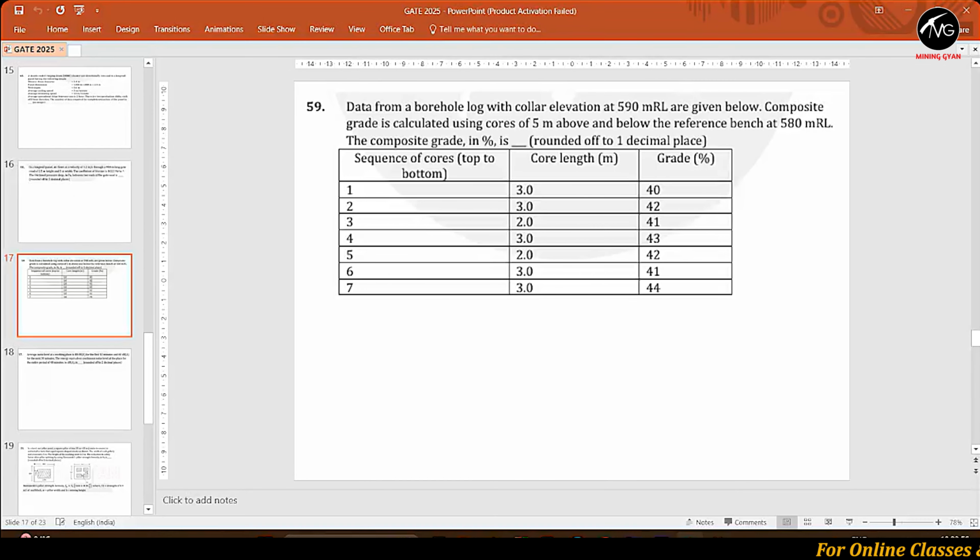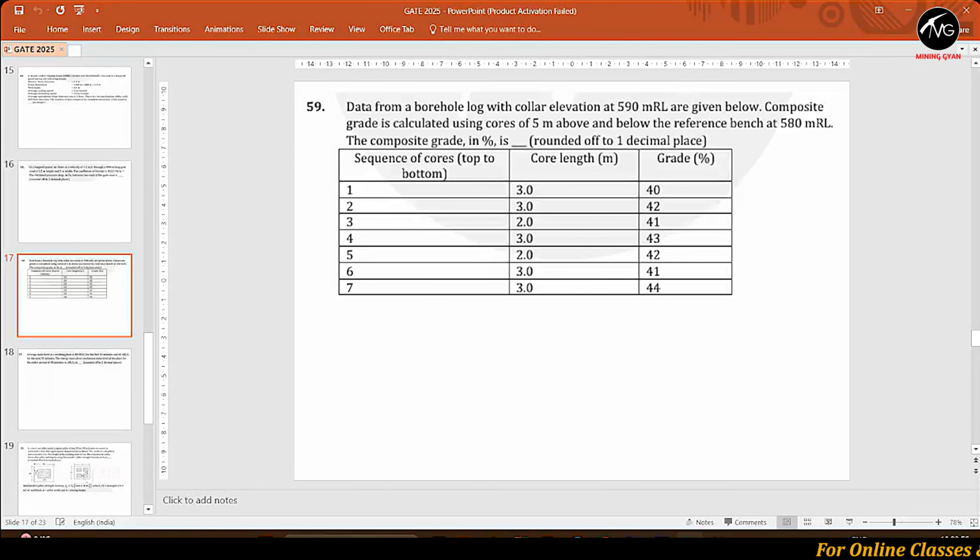And the height of the working seam was around 3 meters. This is the strength of the pillar in case one.